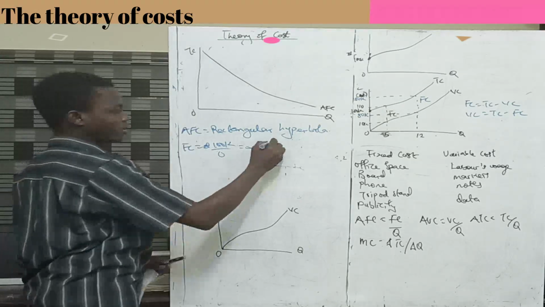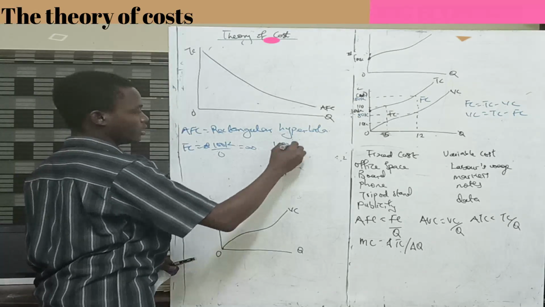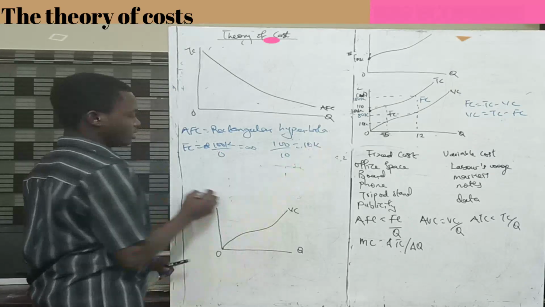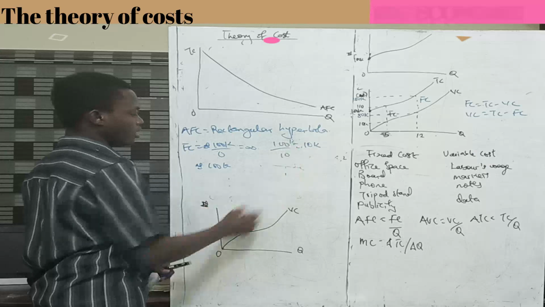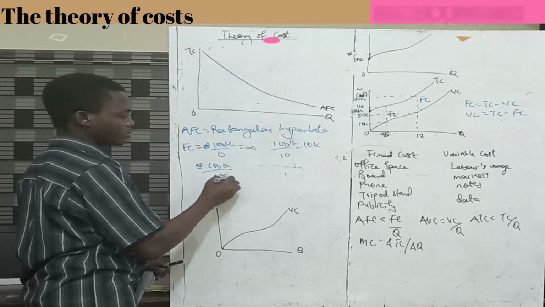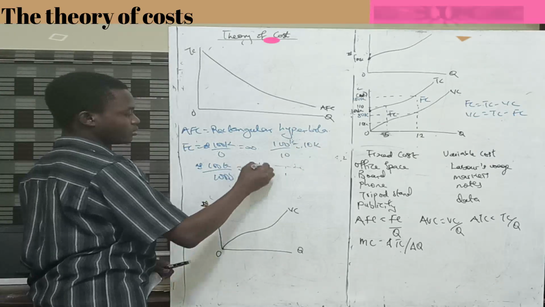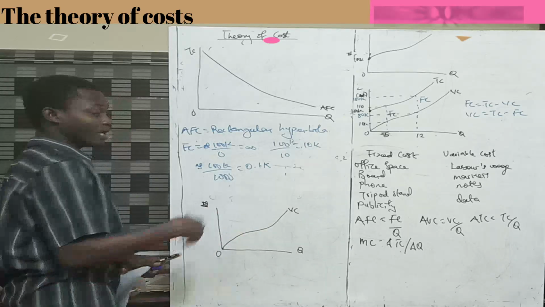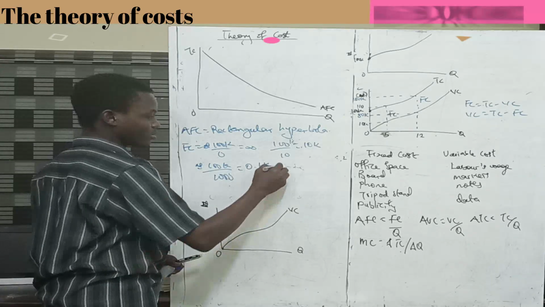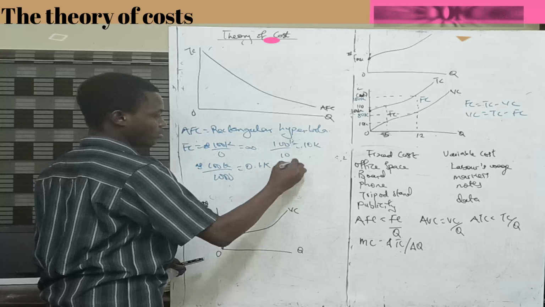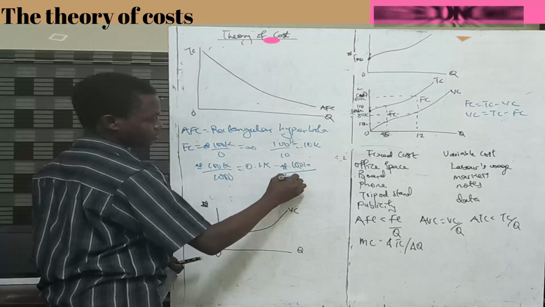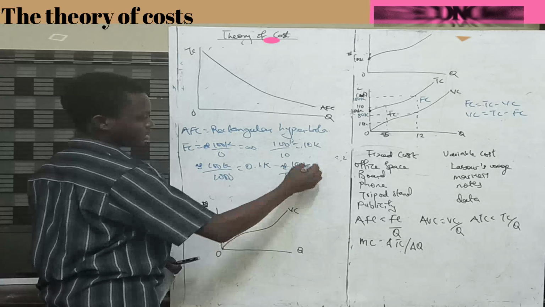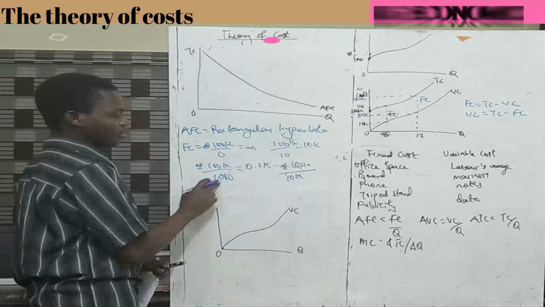If output goes to 10, this is 10,000. If output goes to 1,000, this gives us 0.1k.